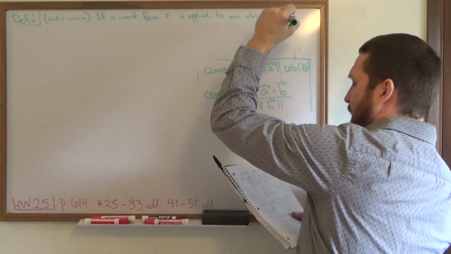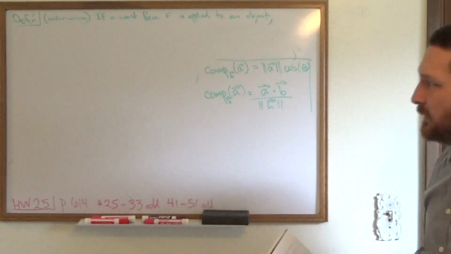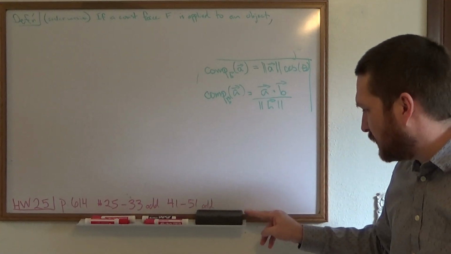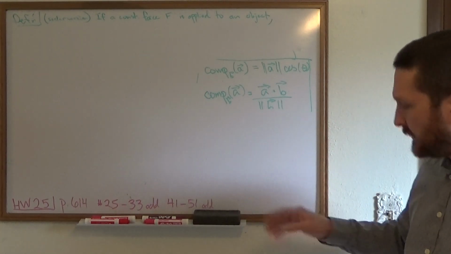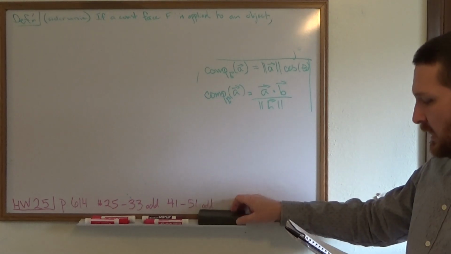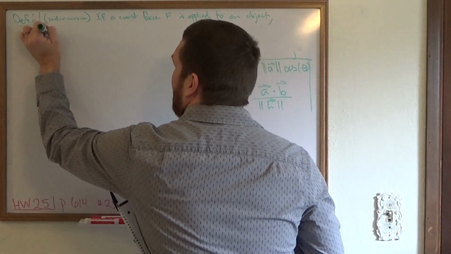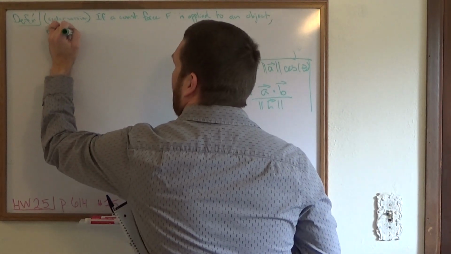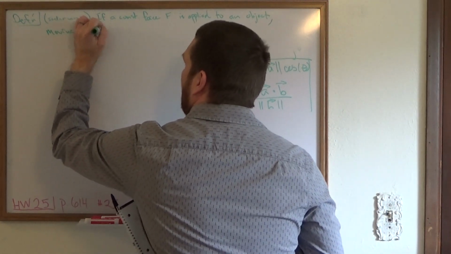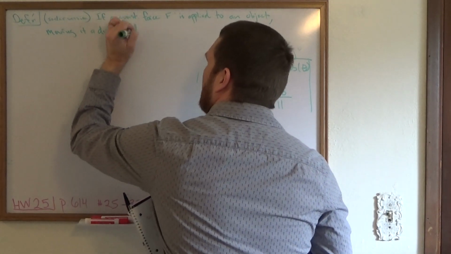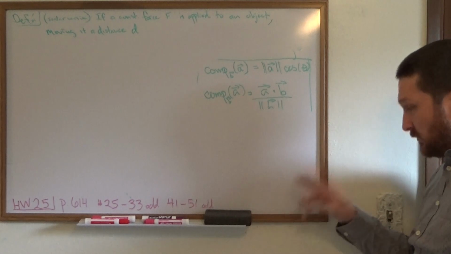to an object, okay, so like what's happening? A constant force applied to an object. So I'm applying a constant force to this object right here, okay? Moving it a distance d. So this is what's happening.